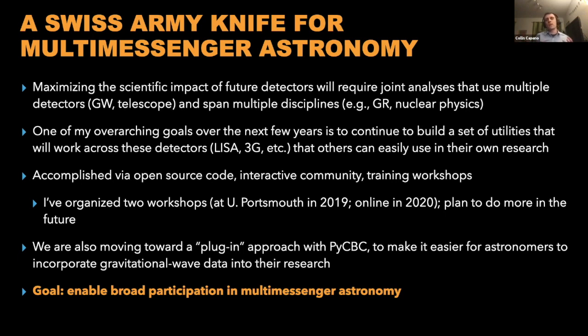By building tools that are Python-based, building a very interactive community, and hosting training workshops, of which I've already hosted a couple and plan to host more, I hope to enable broad participation in this burgeoning field of multi-messenger astronomy, and that's going to be a key focus of my research to come.